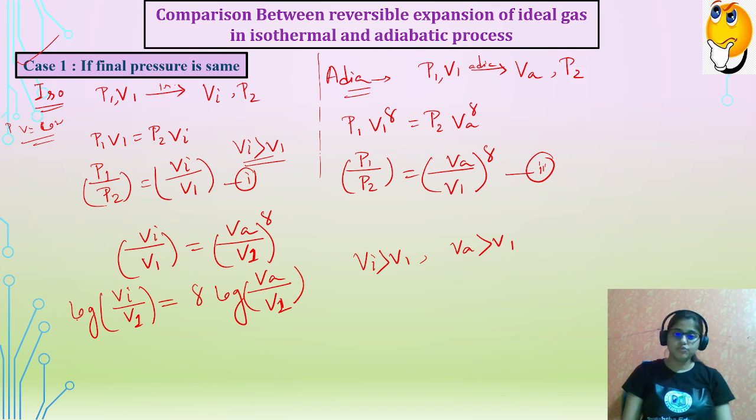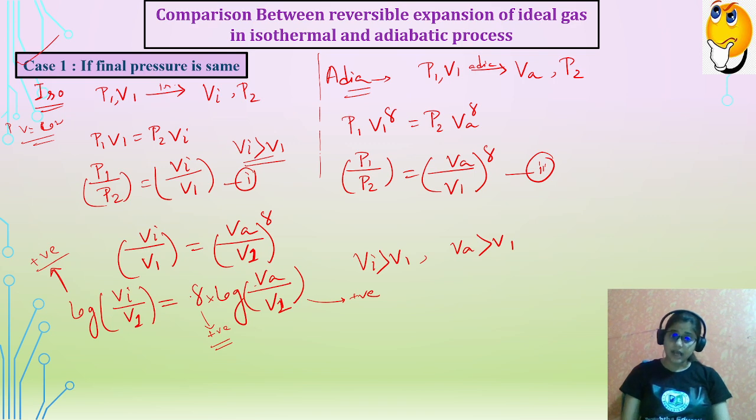So log Vi by V1 will be a positive value. This will also be a positive value. And gamma is also positive, which means that this is also positive.